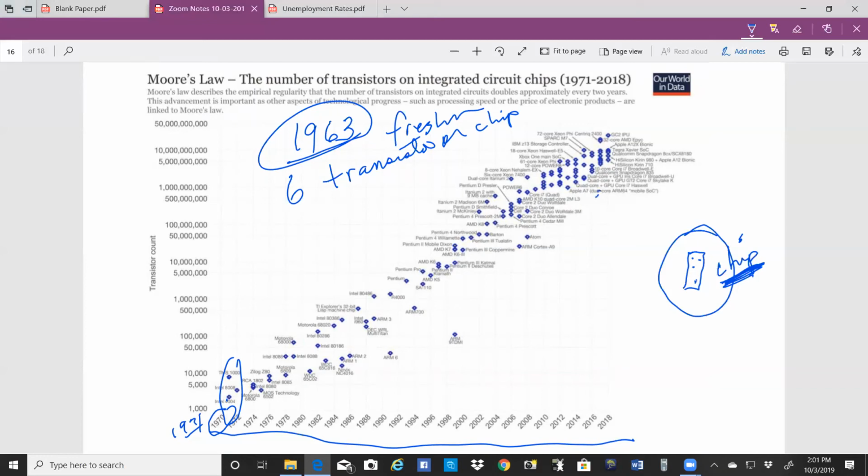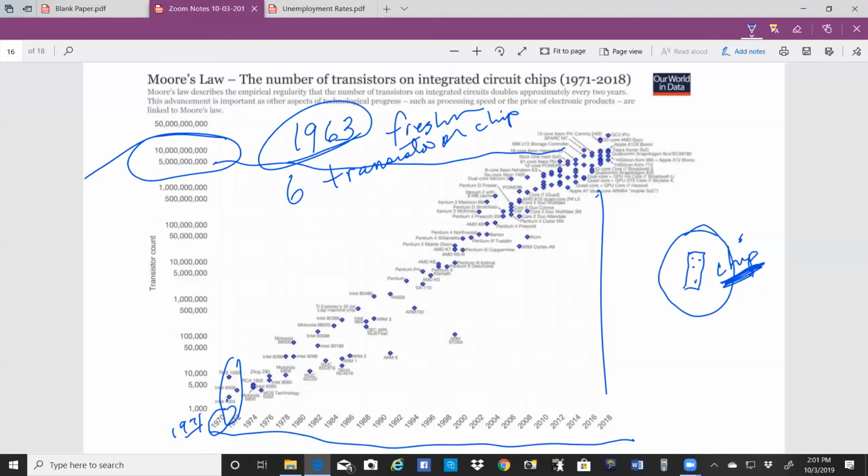Now look now in like the year 2019, what numbers do you see over here? What is that 5 and 10 followed by 9 zeros? What is that, 100,000, million, or what? Billion. A billion.